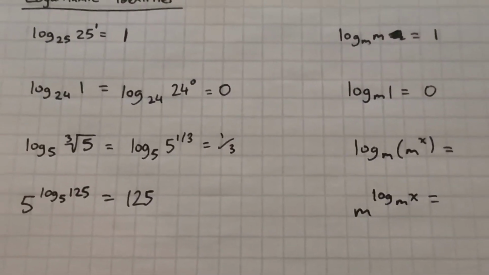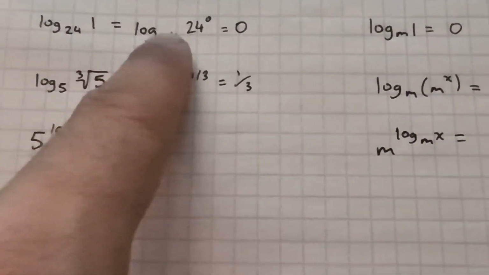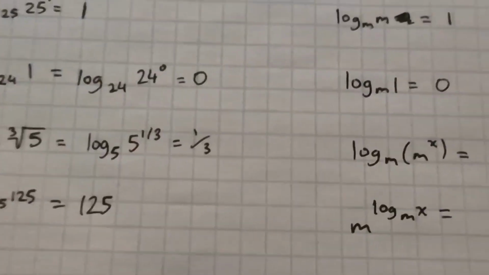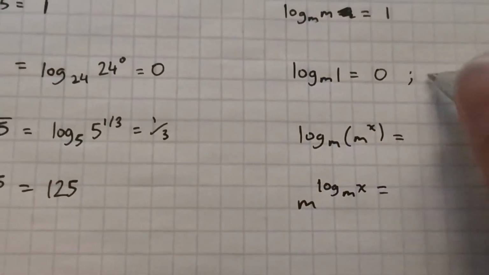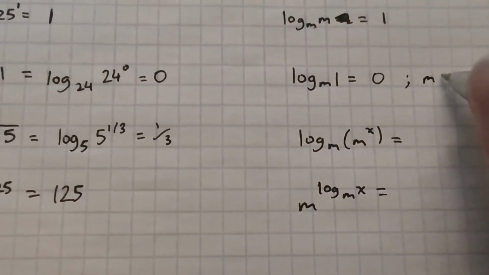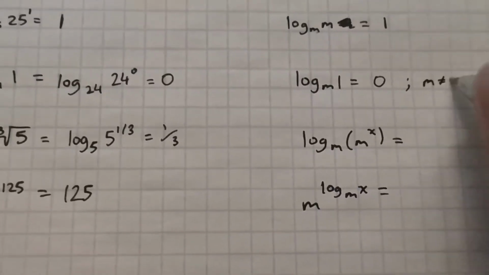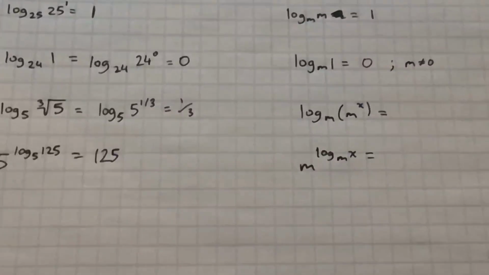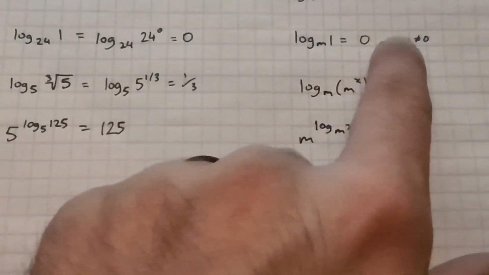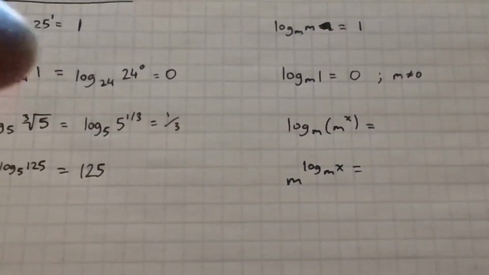And we said that only doesn't work if the 24 doesn't equal 0. Well, of course, this is only going to work if m does not equal 0. We're going to talk a little bit later on what some of these numbers and logs can be, but for now, we don't want that to be equal to 0. It wouldn't make sense.